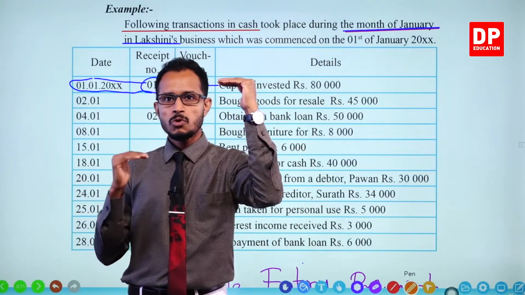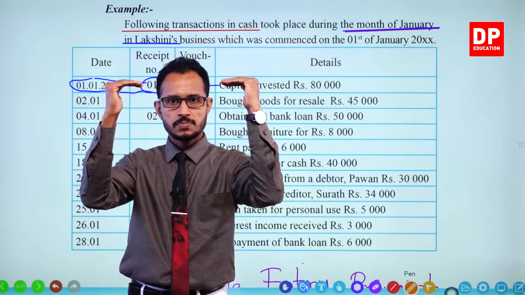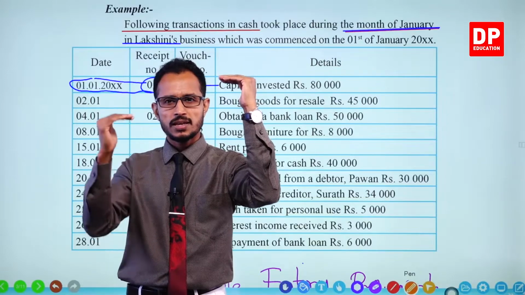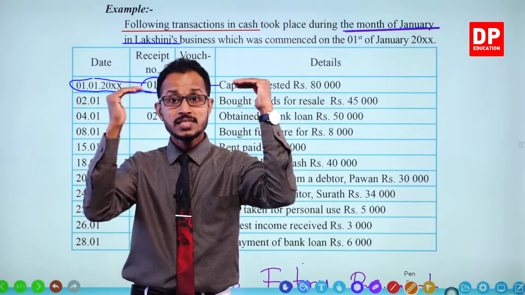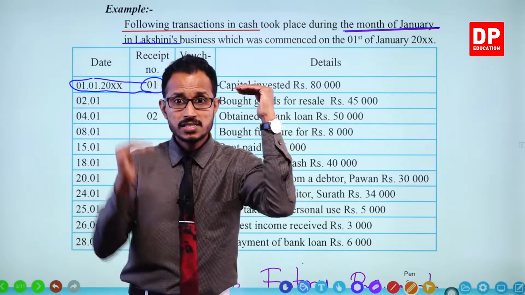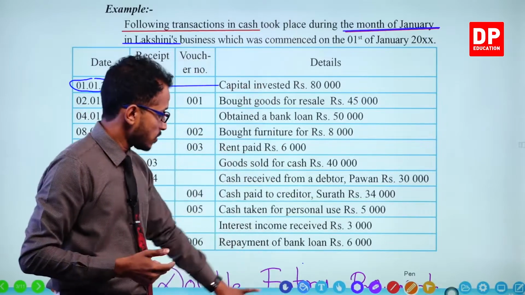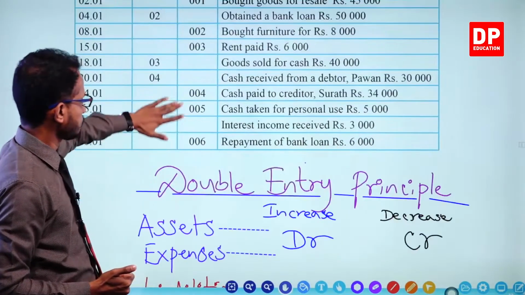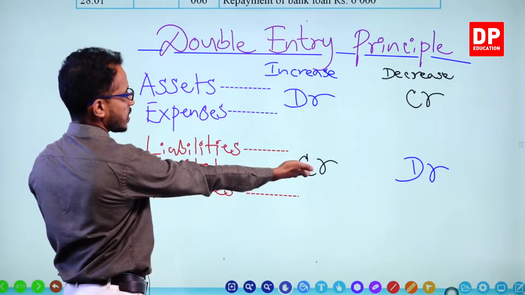When he puts in more, his equity increases in the business. When cash increases, debit. When capital increases, credit.